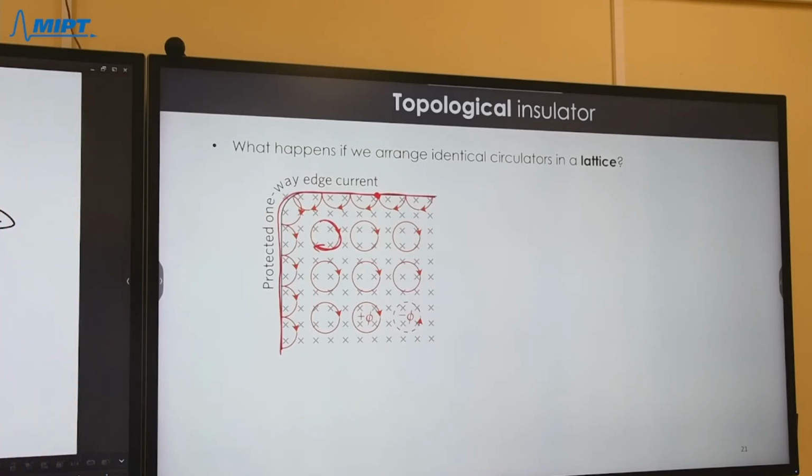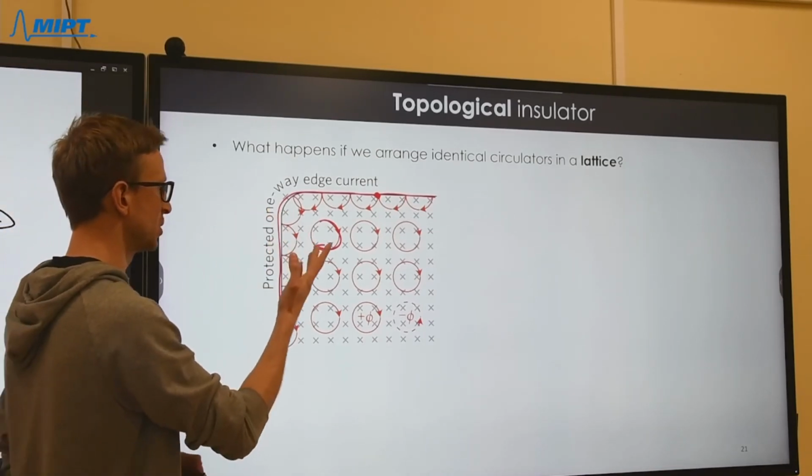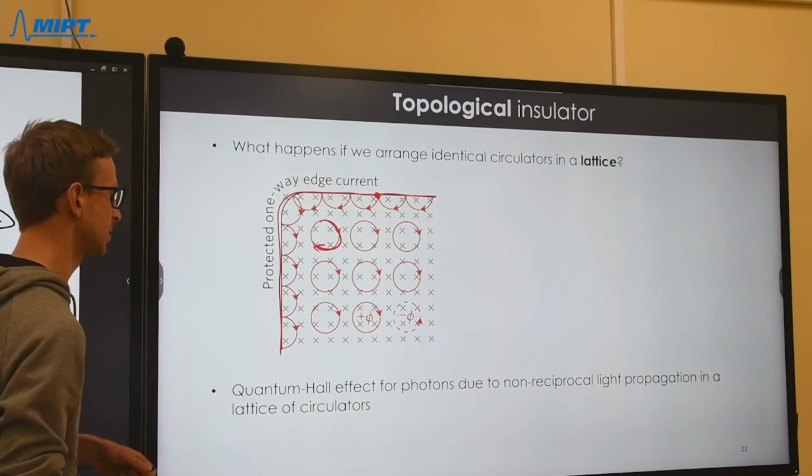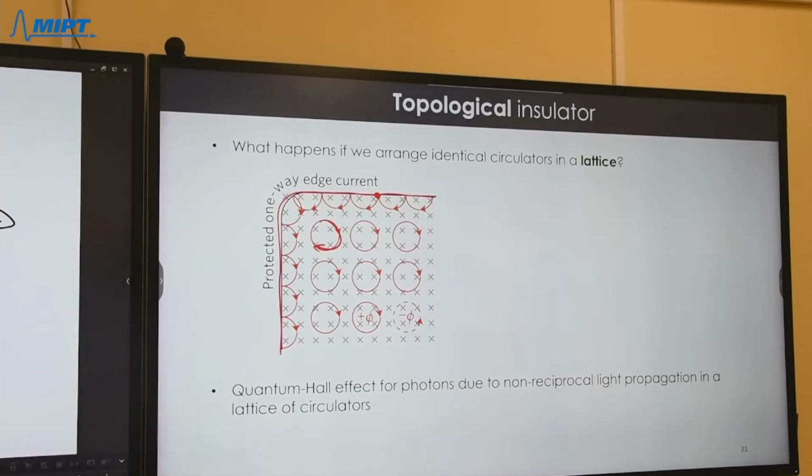Does it remind you of anything? This is the quantum Hall effect in solid state that can be realized for electrons. And what I just described to you is a photonic analog of the quantum Hall effect, which is called a topological insulator.